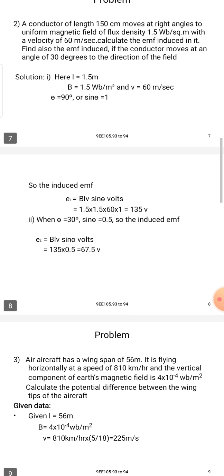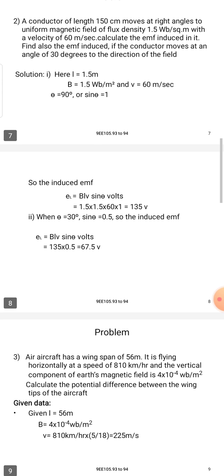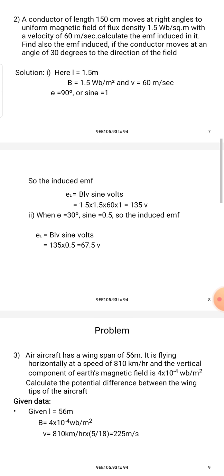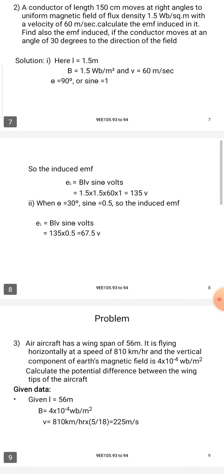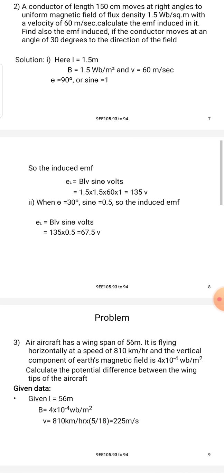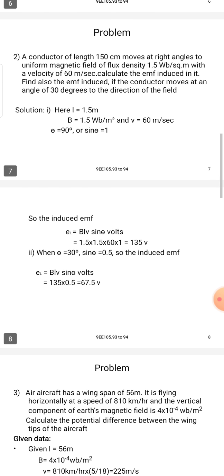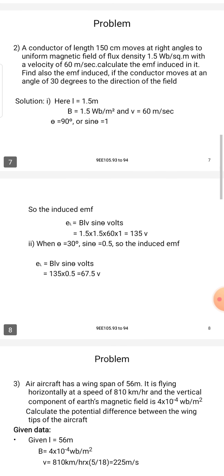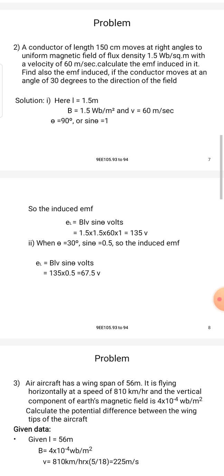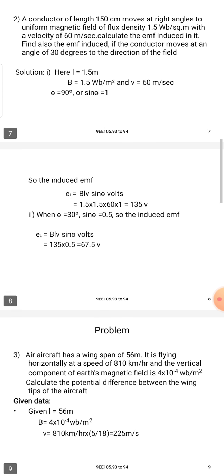So the formula for the dynamically induced EMF is E is equal to B L V sin theta.